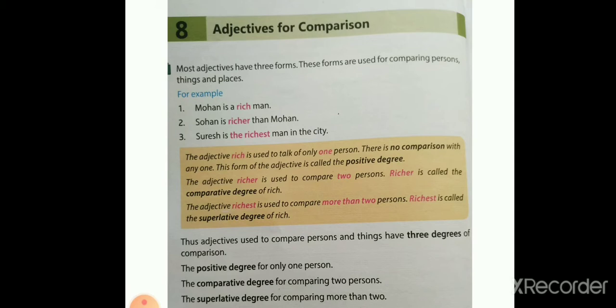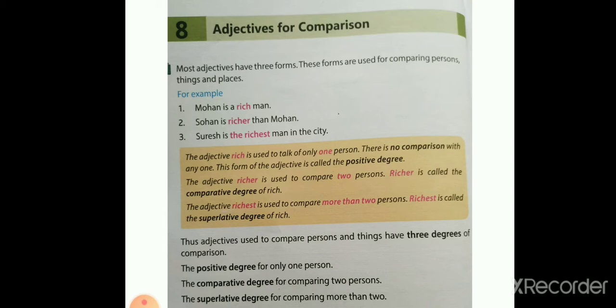So rich is what? It is an adjective. Sohan is richer than Mohan. The second sentence is showing you that Sohan is richer than Mohan, because there is a comparison between two. Next, the third sentence shows you Suresh is the richest man in the city.